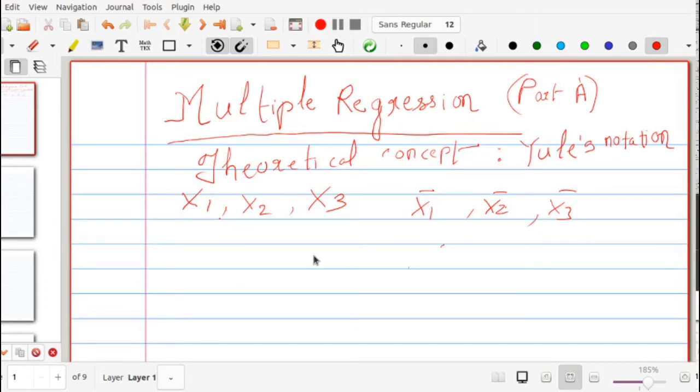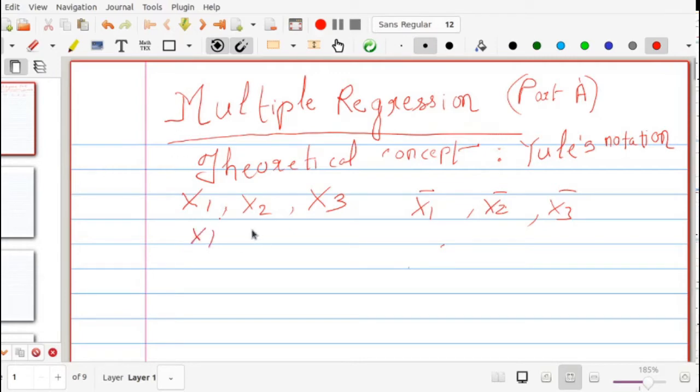So we'll be using Yule's notation here. You can find it in any standard statistics manual or book. Let us say we have three random variables, x1, x2, and x3, with their means as x1 bar, x2 bar, and x3 bar. In our example of multiple regression, we will take three variables: two as independent and one as dependent.